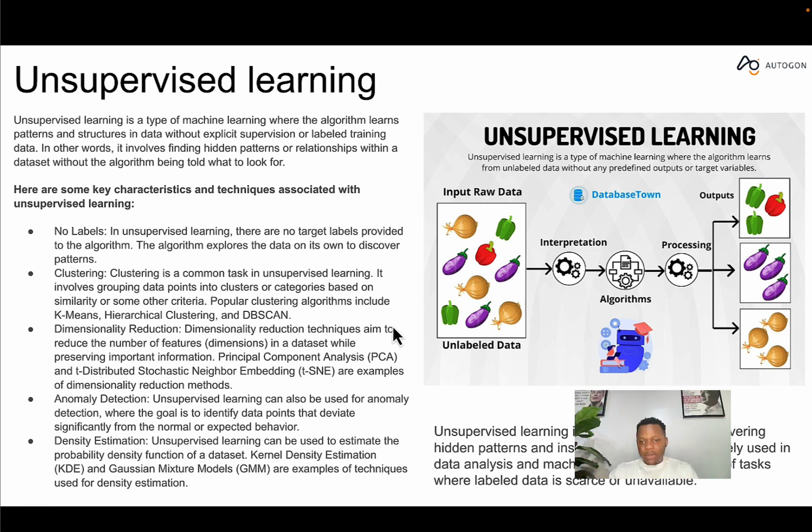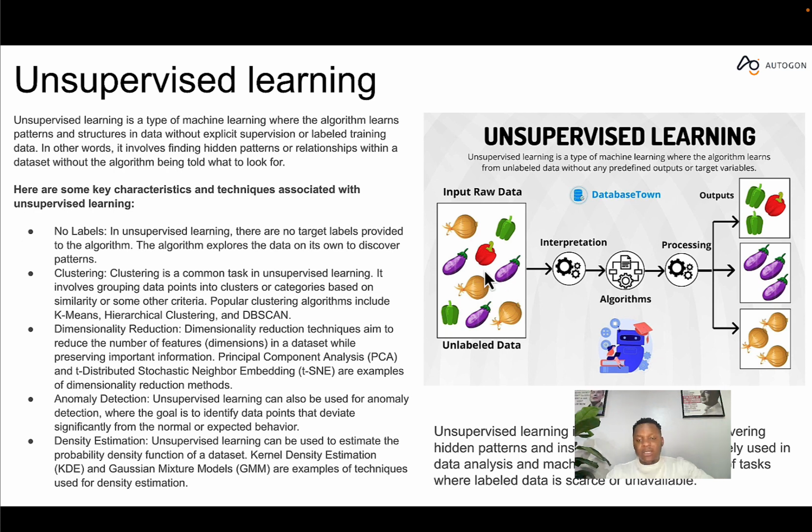So look at the image to the right. We have the onion, bell pepper. Is this a pear? I don't know. Yeah, good. So all of this is unlabeled data, and the machine looks at this and says, oh, I can see items of similar color and similar shape.